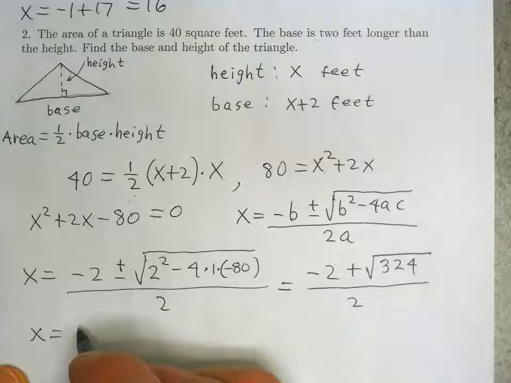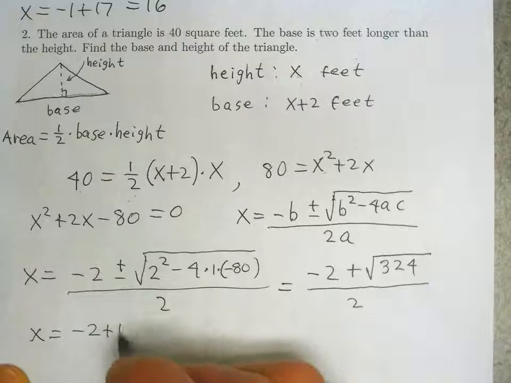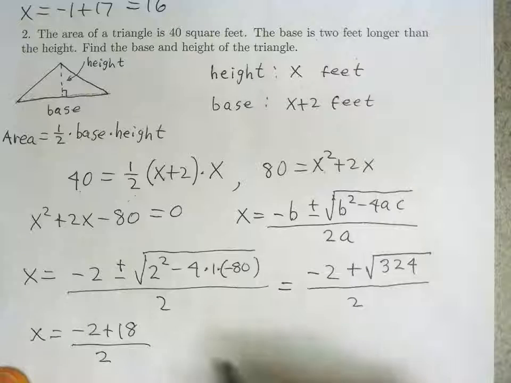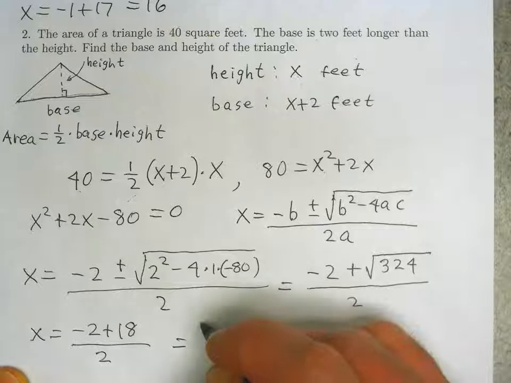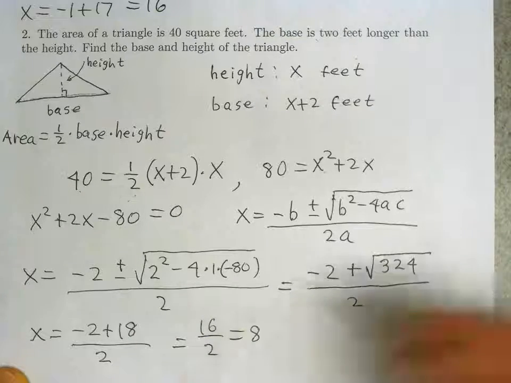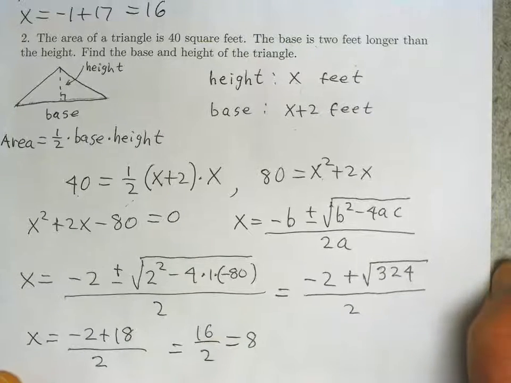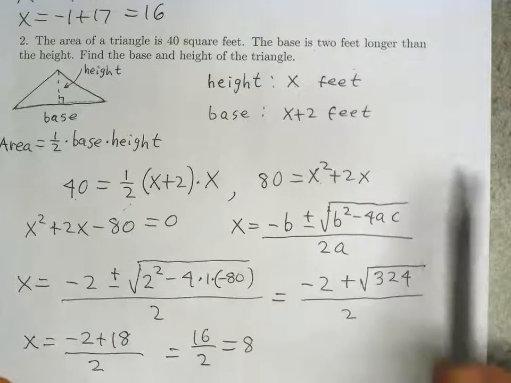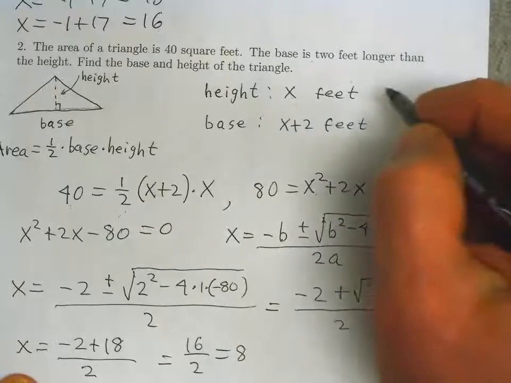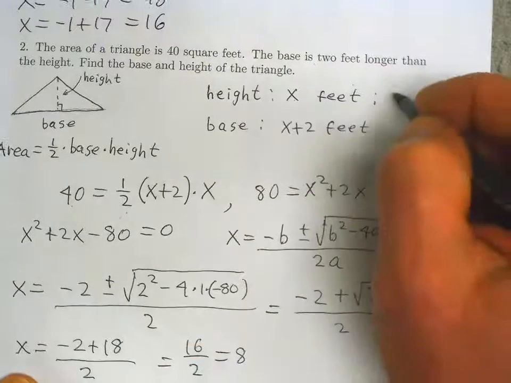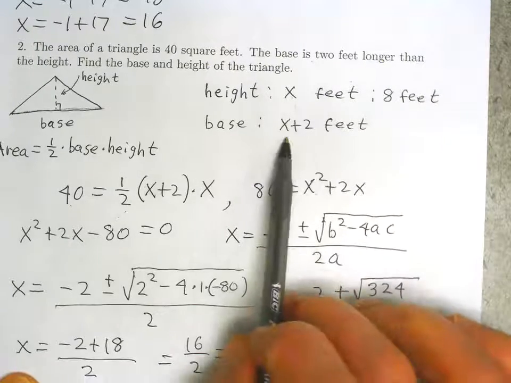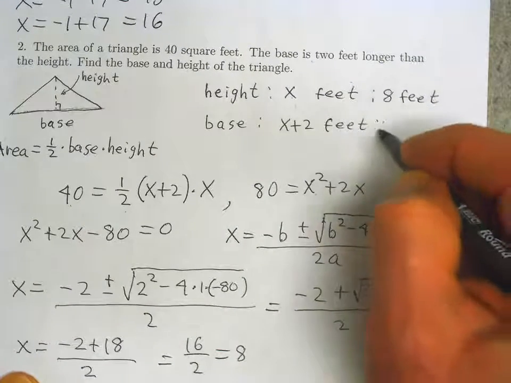So we'll write negative 2 plus 18, divided by 2. Negative 2 plus 18 is 16, and 16 divided by 2 is 8. So the height of the triangle is 8 feet. That's what x is. And the base, 8 plus 2, is 10 feet.